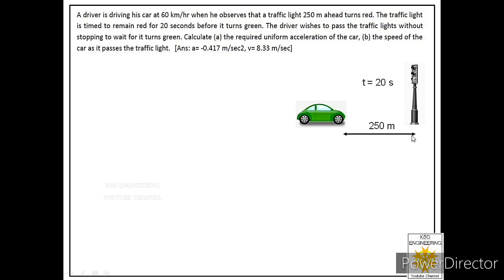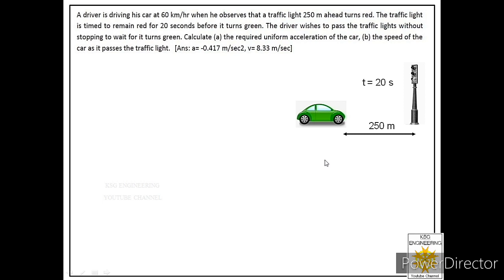The car is at a distance of 250 meters when the driver observes the traffic light, and the traffic light is timed for 20 seconds for that distance. So we have to find what acceleration the driver should maintain so that he passes the traffic lights without stopping.